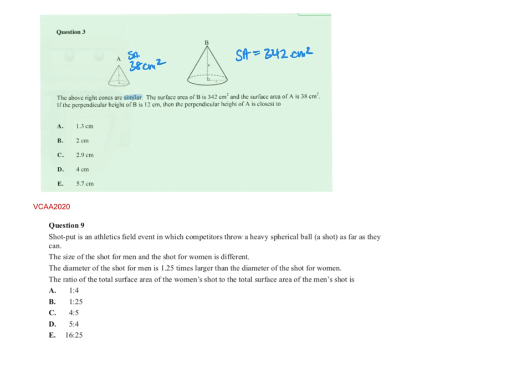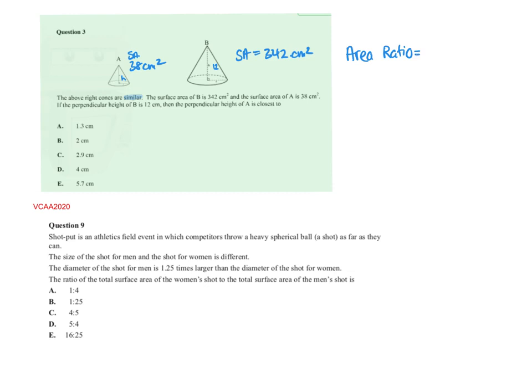If the perpendicular height of B is 12 centimeters, so they told you what that is, then the perpendicular height of A is... So what we're after is a length. So we need the length ratio, but they've actually given me an area ratio.